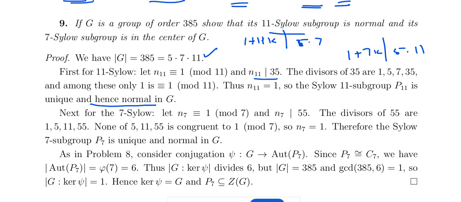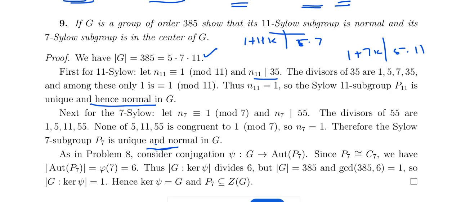K equal to 3, 3 sevens are 21, 22. K equal to 4, 4 sevens are 28, 29. 5 sevens are 35, 36. Is it possible 55? So n7 is also unique. Therefore the Sylow 7 subgroup is unique and normal.